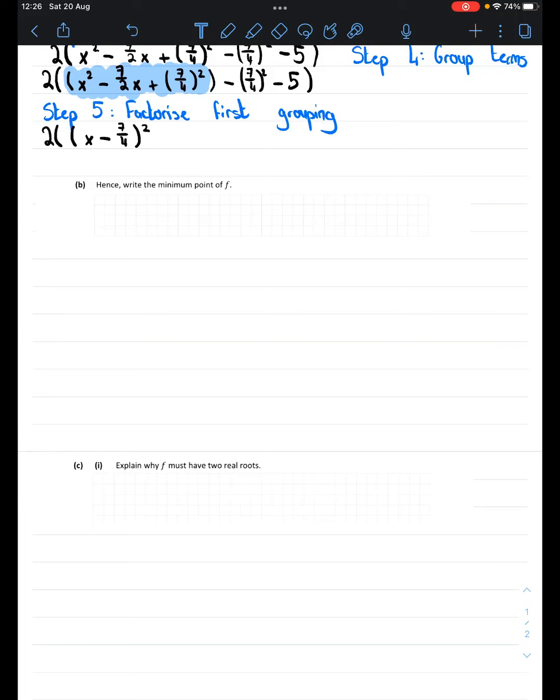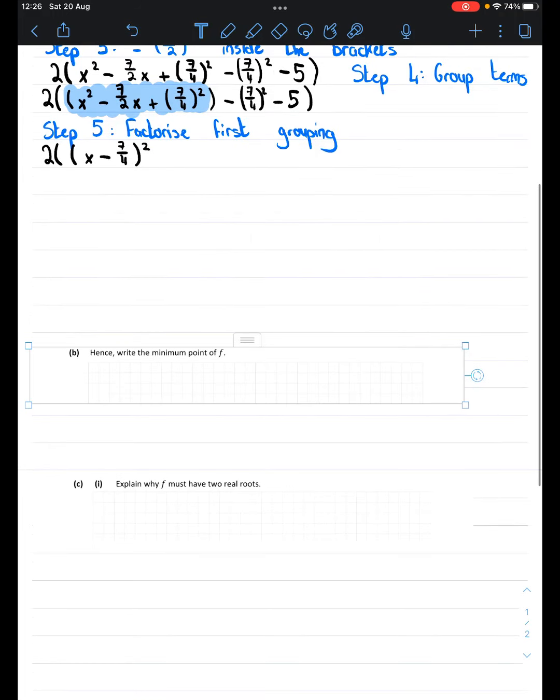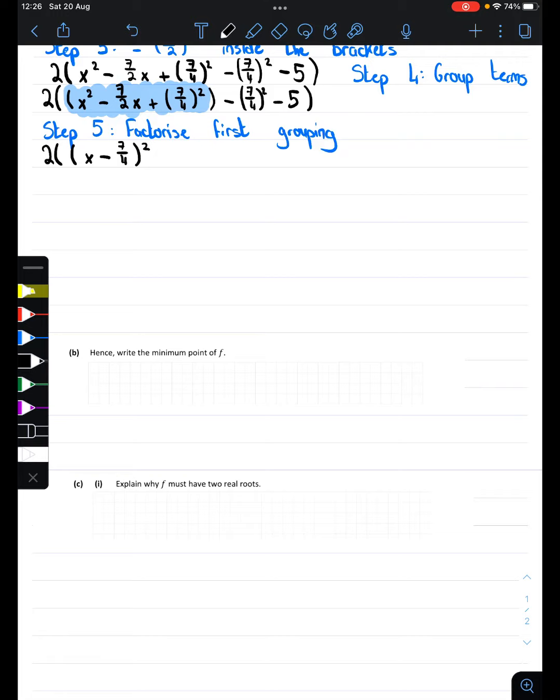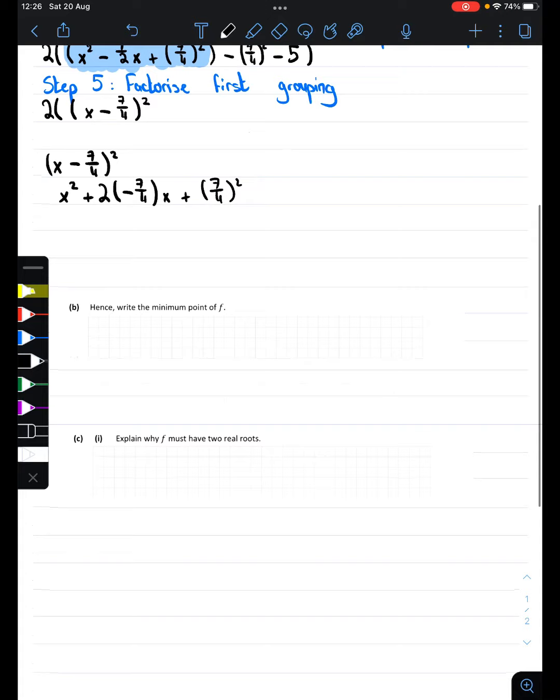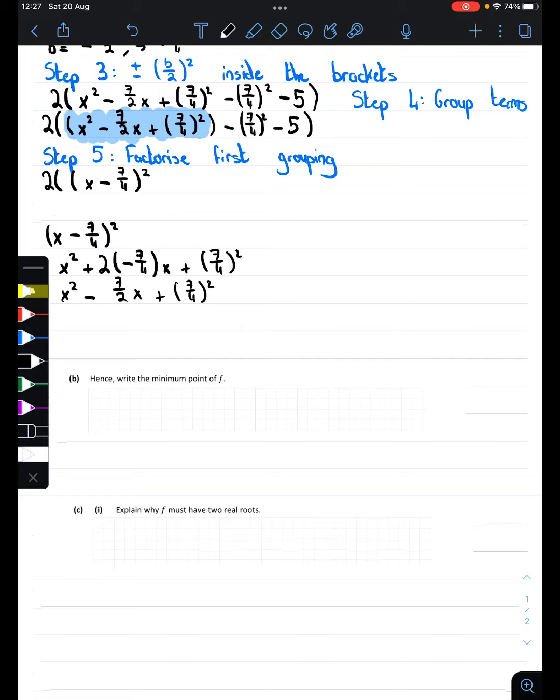If we want to multiply this out, we can see that (x minus 7 over 4) squared would be x squared plus 2 by minus 7 over 4 x plus (7 over 4) squared, which is just x squared minus 7 over 2 x plus (7 over 4) squared, which is exactly what we have in the blue.